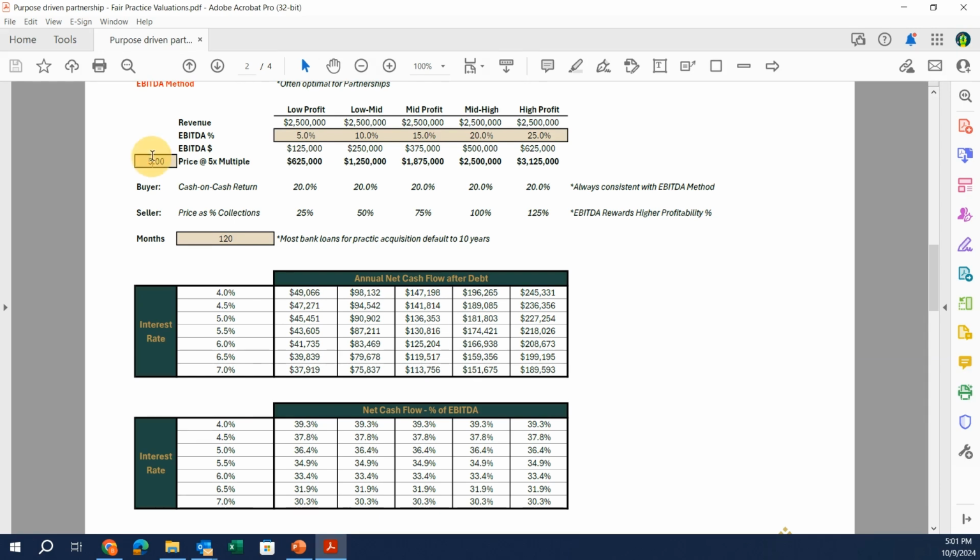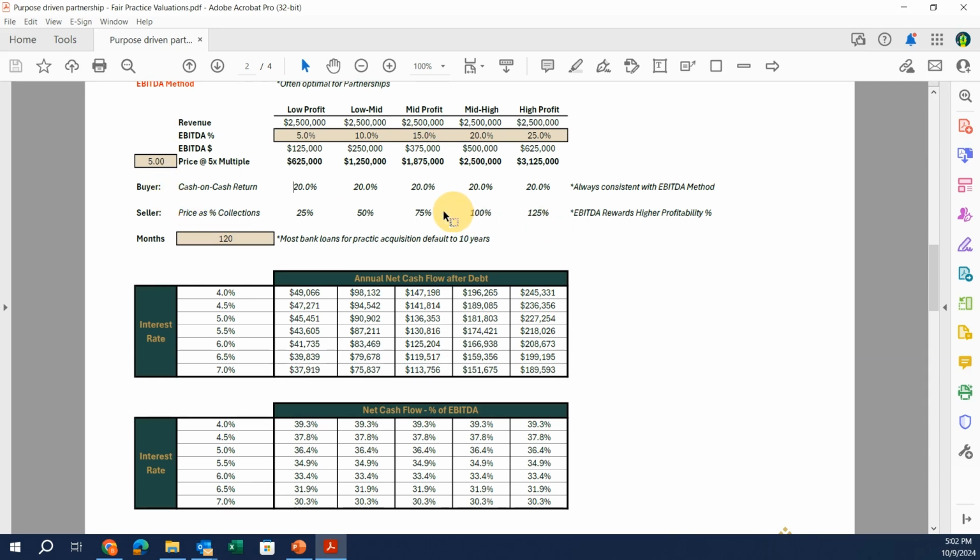The seller gets to monetize effectively 5 years worth of the current level of profit in the business, regardless of what that level is. And the buyer gets to enjoy a 20% cash on cash return.